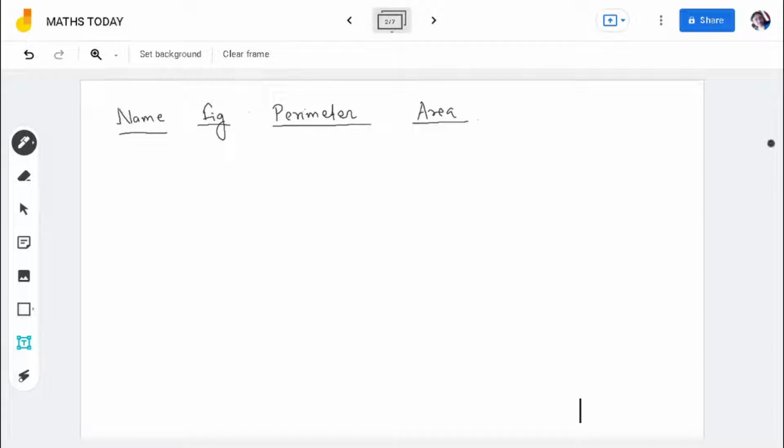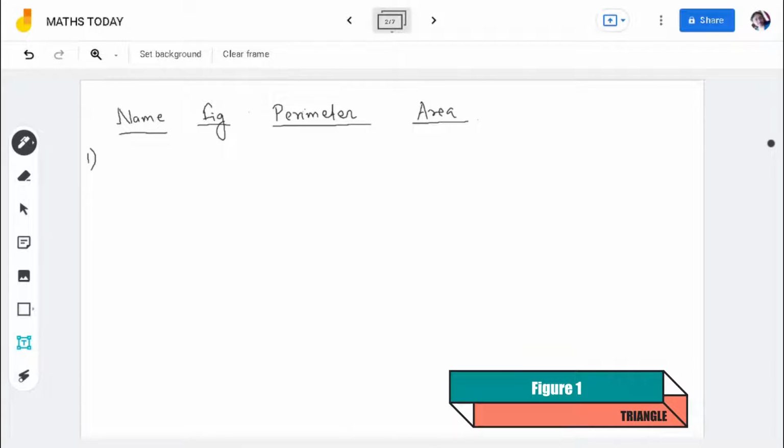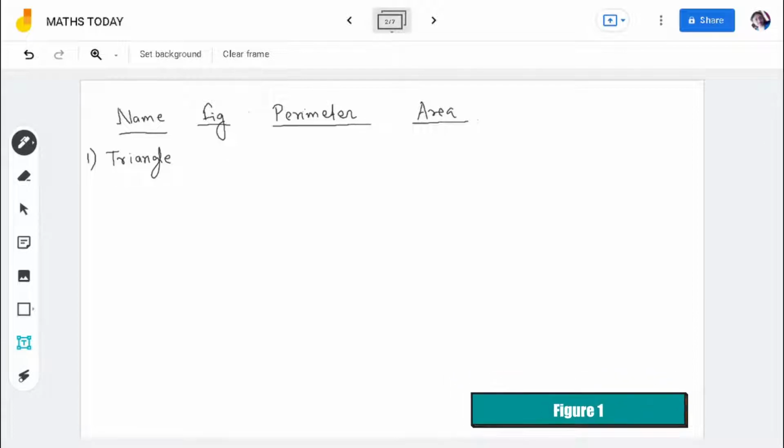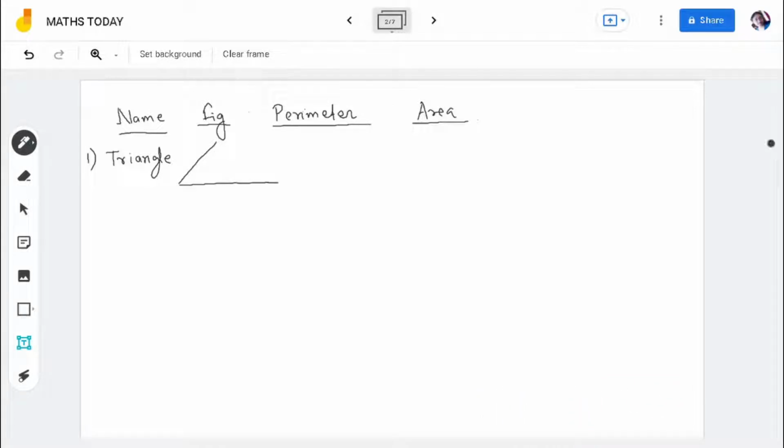My first figure is a very familiar figure that we have studied from the lower classes: the triangle. It has three sides and looks like this. If I take this one as my base, let its length be B units.